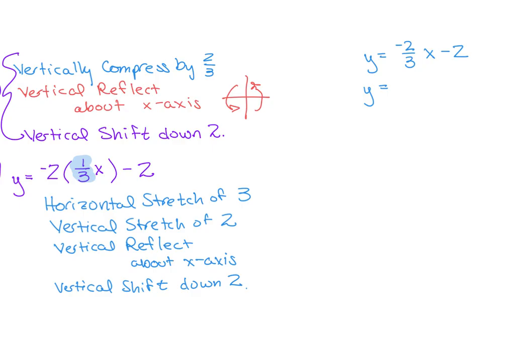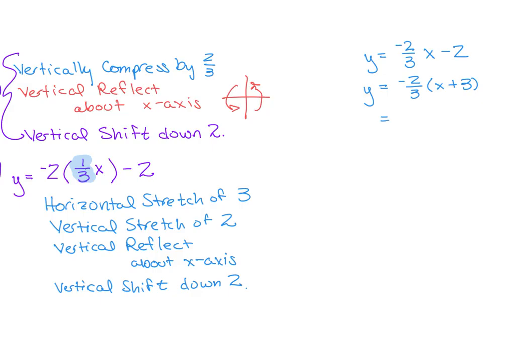All right, what I'm going to do this time is rewrite this as -2/3 (x + 3). If you distribute the -2/3, you do get back the original function.